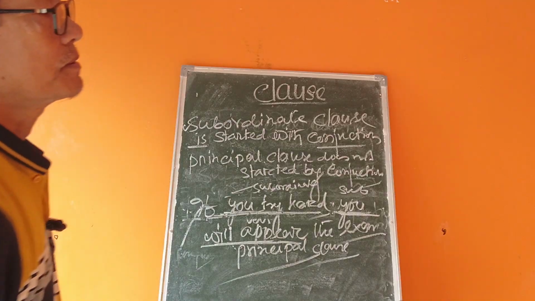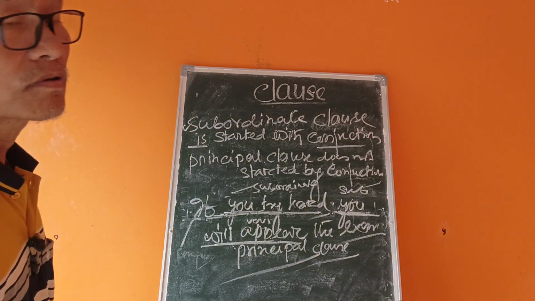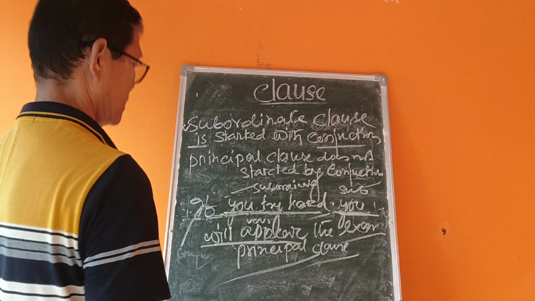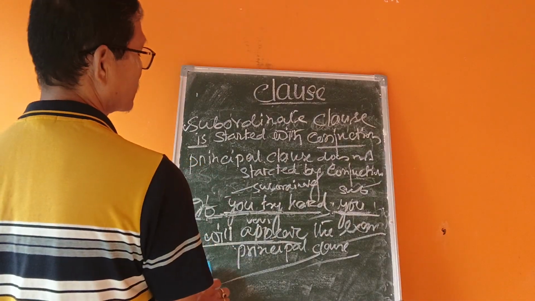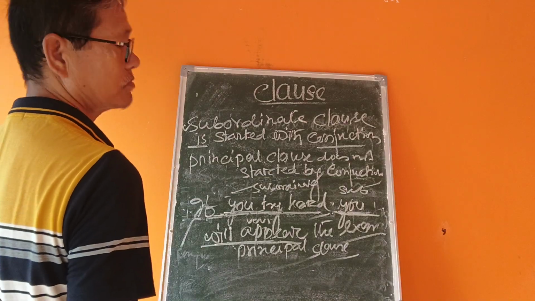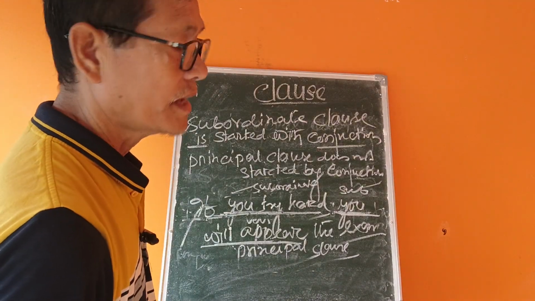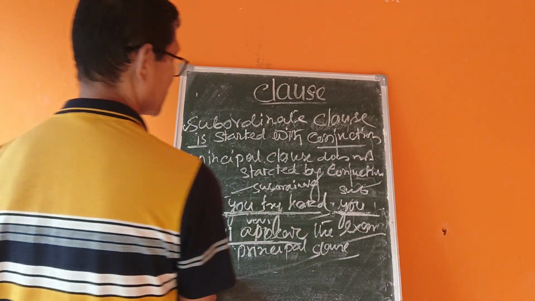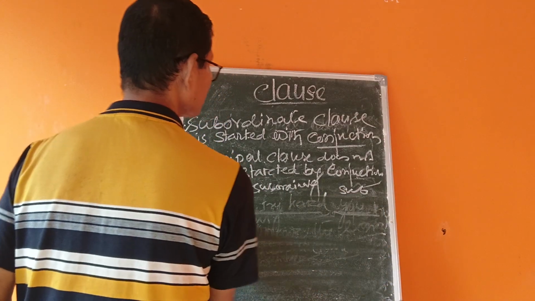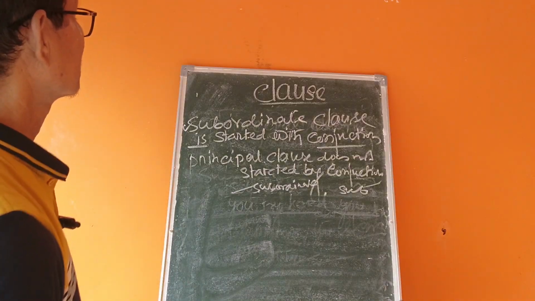If a clause is started by a conjunction, it is considered a subordinate clause, and if a clause is not started by a conjunction, it is called a principal clause. I hope you understand.